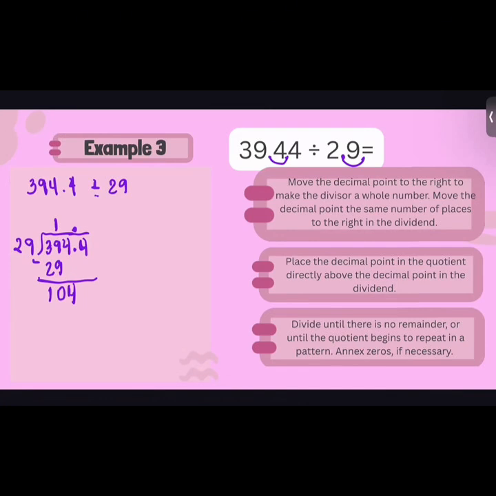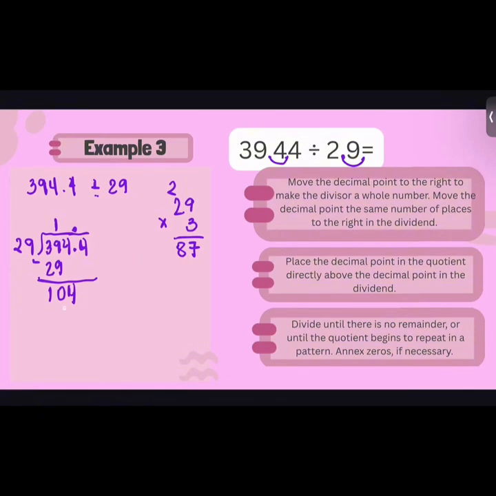So we are going to look for a number by which we can divide 104. So we are going to multiply 29 kay 3. So let's try. So 9 times 3, it is equal kay 27. So 7, carry up 2. Then 3 times 2 is equal kay 6 plus 2, it is equal kay 8. So we have 87. Now try natin i-multiply si 29 kay 4.